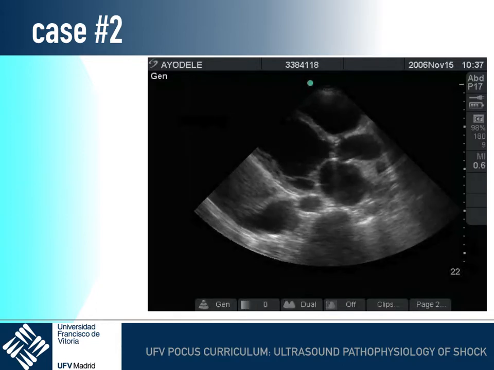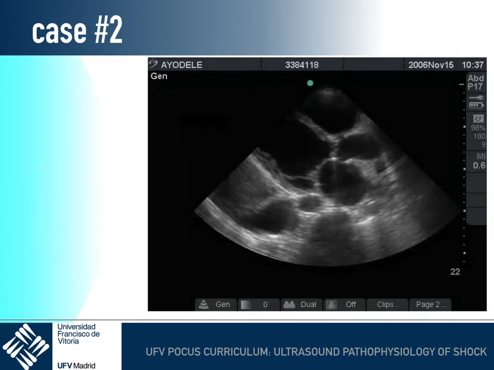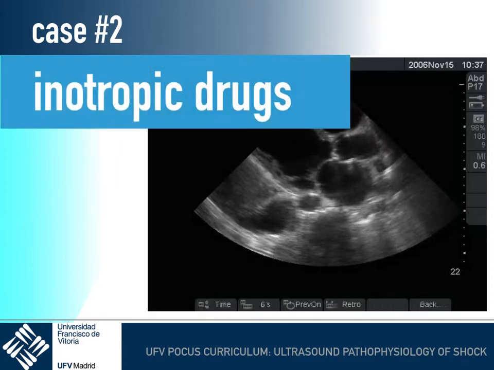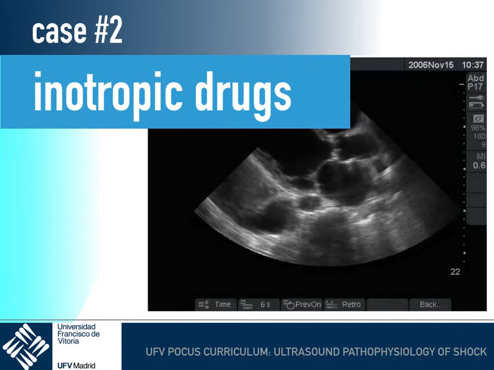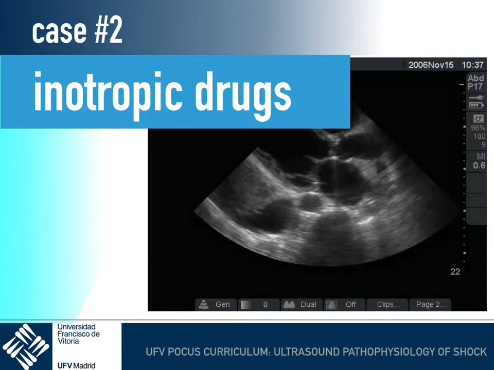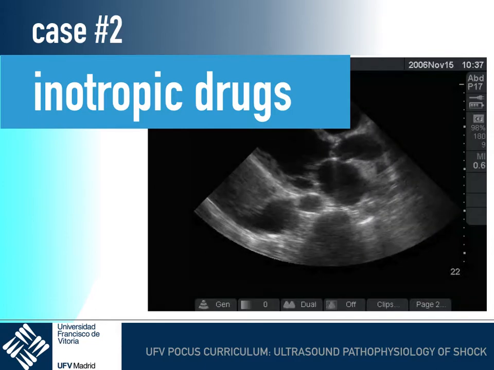The fluid can be harmful in this case. So in the presence of shock and the absence of movement of the heart, we can implement inotropic drugs like dobutamine for obtaining at least bridge therapy to the diagnosis, to the final treatment.